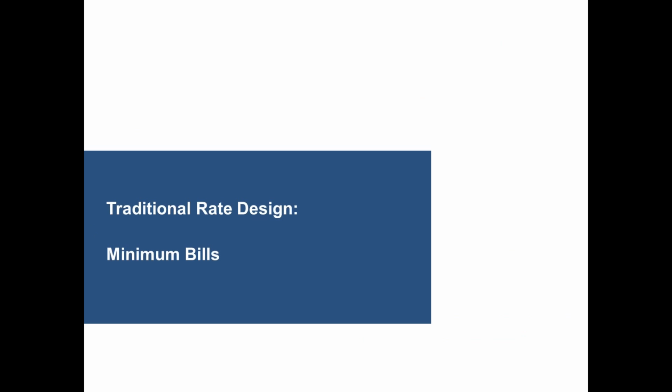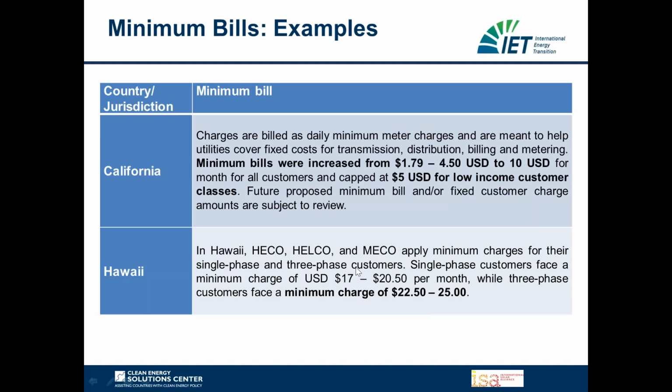Just a quick word on minimum bills. They have also been discussed by many policymakers around the world. They have a very similar effect to fixed charges. To cut a long story short, here are just two examples of minimum bills. Also, with the rise of prosumerism and roof-mounted solar PV, some jurisdictions have said, maybe they will be able to reduce the electricity demand to an extent that we will no longer be able to finance the network cost.